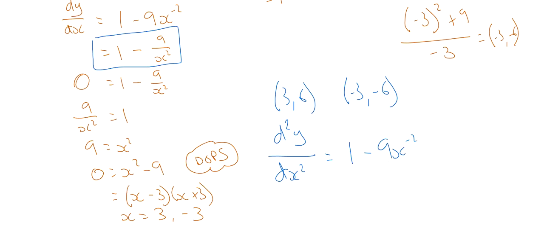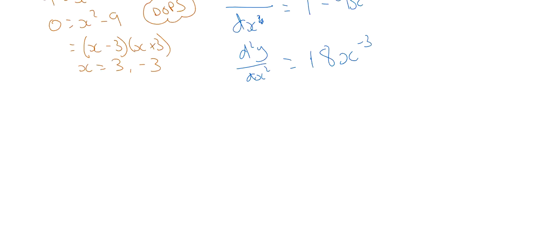Now I need to find the second derivative. Anyway, you get my point. The second derivative is now, this disappears, and then -2 times -9 is +18, and then I subtract 1. So my second derivative is 18 over x cubed.